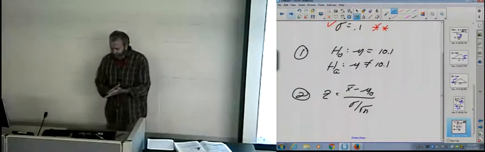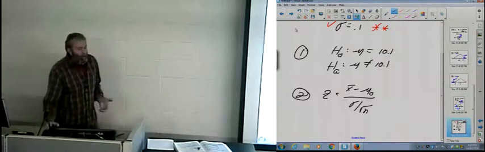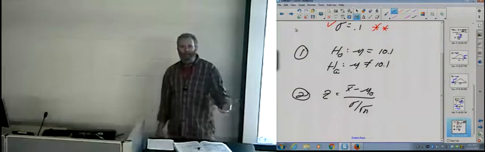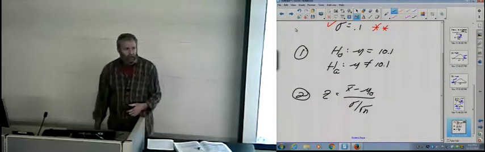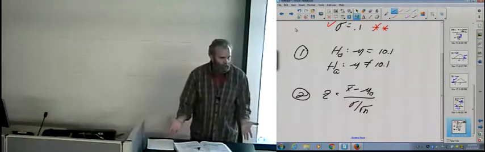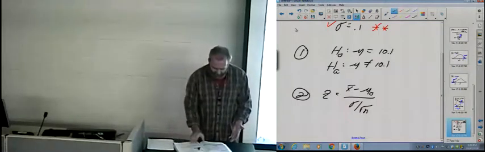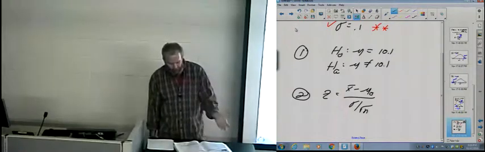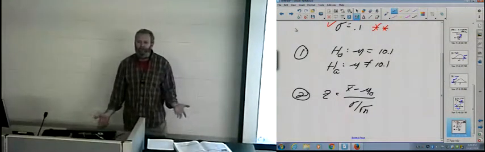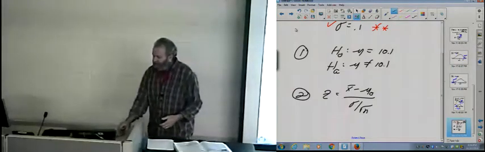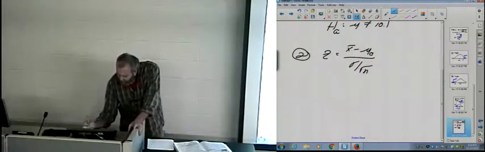Now, where am I going to find x bar in this problem? Because you know I never did read x bar was equal to. Where am I going to find it? Did they give me the data? If they give me the data, can I calculate x bar? In other words, if I take my 10.08, 9.89, 10.05, 10.16, if I add those up and divide by 6, right, can I do this? So you're going to have to calculate x bar.